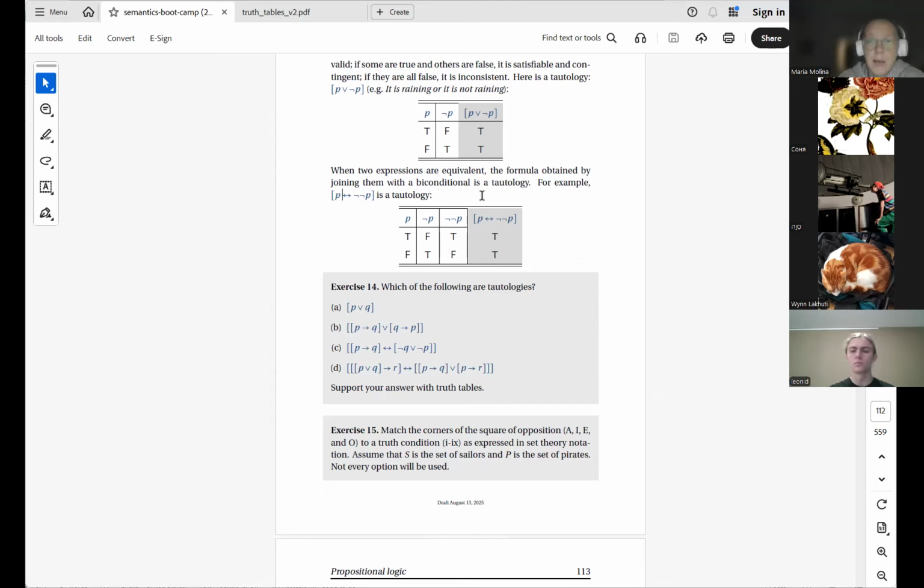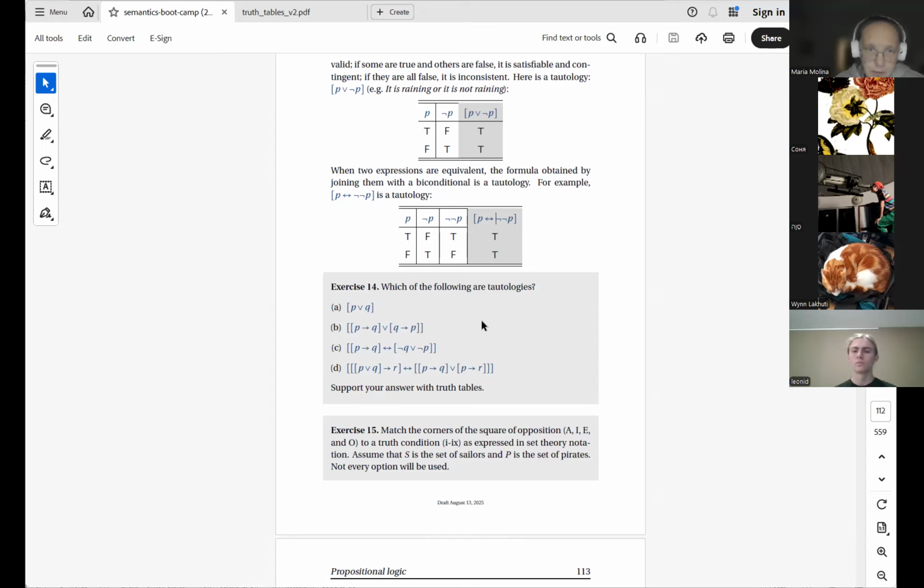So here P is an equivalent of not P, meaning it rains, it's not raining. And if we join those equivalent formulas with a biconditional, just if and only if, we get a tautology. Always true.